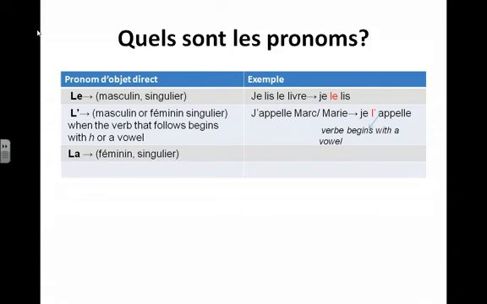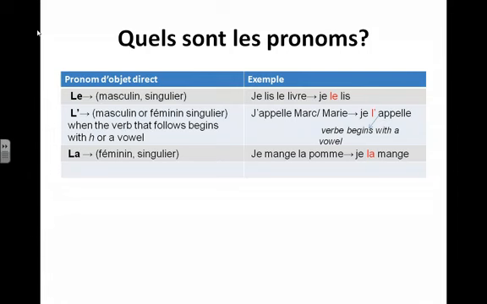La. It's for a noun that is feminine singular, or a name. Let's see. Je mange la pomme. Je la mange. See, in this case, the verb that follows starts with a consonant instead of a vowel, so that's why you put la. Je la mange.